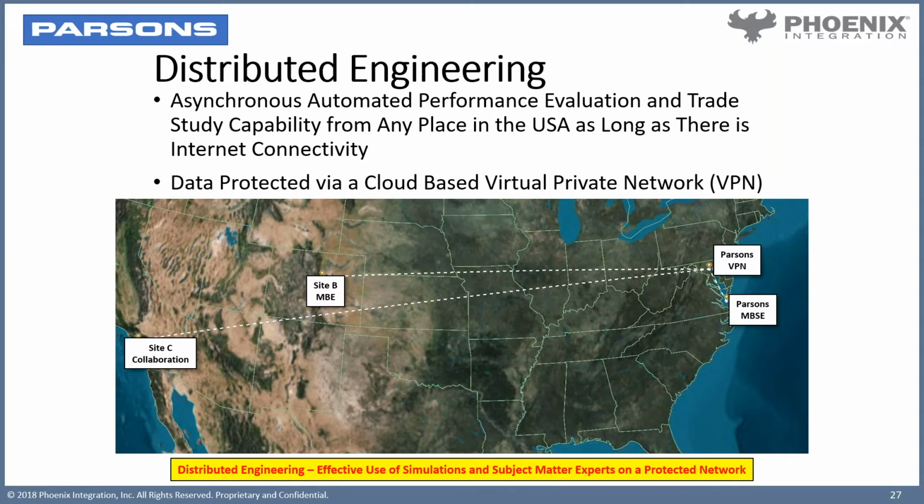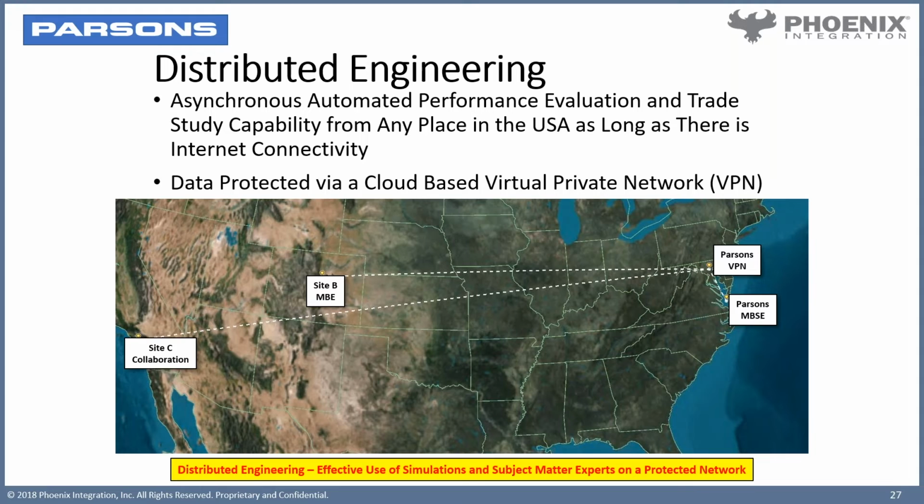We can see we're distributed between California, Colorado, Virginia, and Maryland. The integration of models from all sites was done into one workflow using ModelCenter's remote execution capabilities. And they integrated systems models with domain models, including SDK as well, using ModelCenter in this fashion.